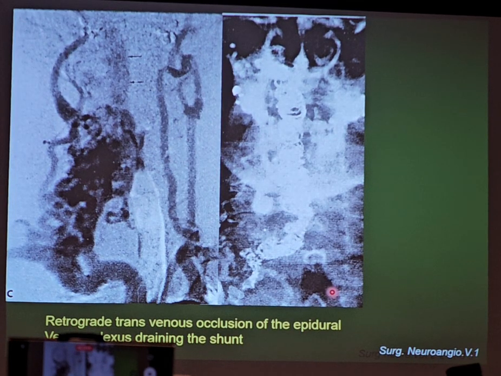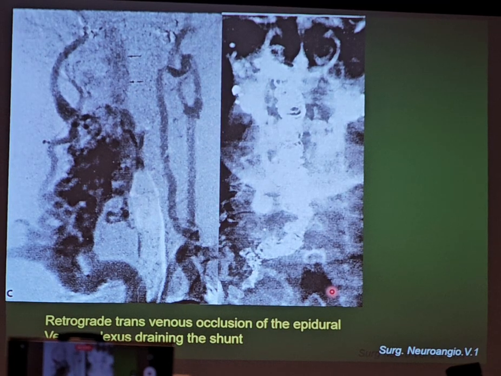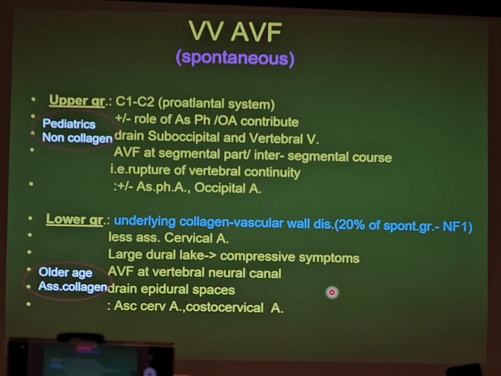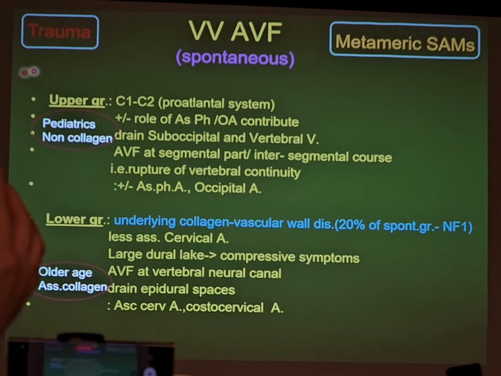Some of the treatment cannot be done completely by transarterial and retrograde transvenous routes. Most coils plus other embolic material must be used in the treatment of this disease. When we talk about vertebral arteriovenous fistula, we can mix up this group of spontaneous with another group that we can see either related to trauma or this group of metabolic malformation.